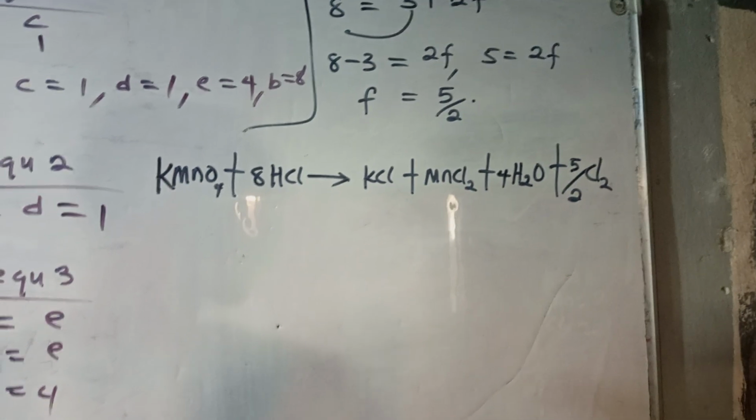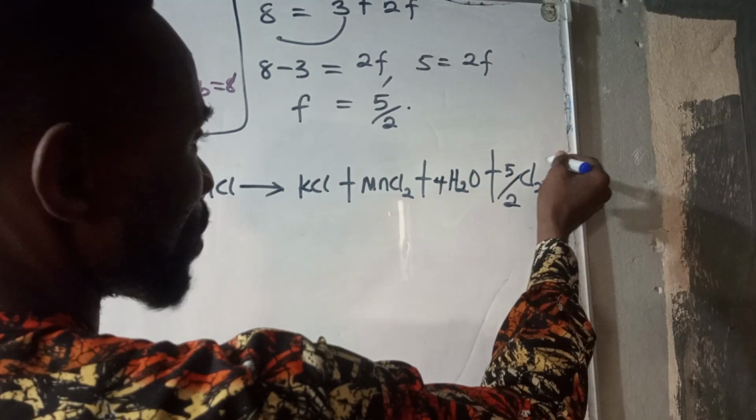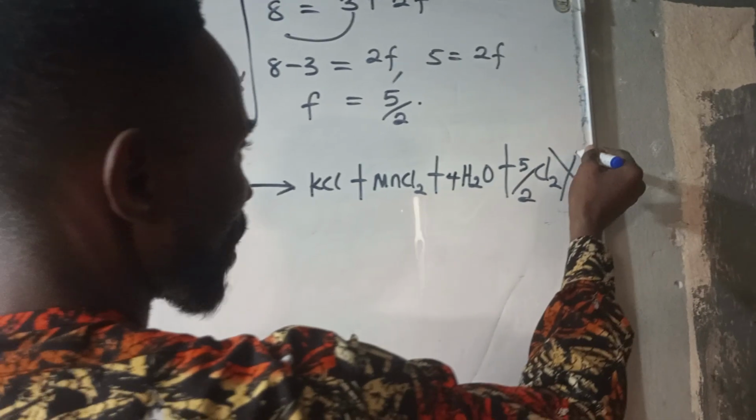Let's take away the fraction. To remove this fraction, we multiply this whole equation by 2.